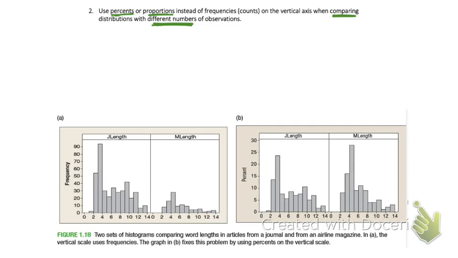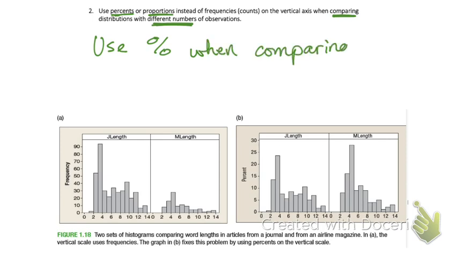So we want to make sure that we use percents when comparing distributions. We want to be very careful about this.